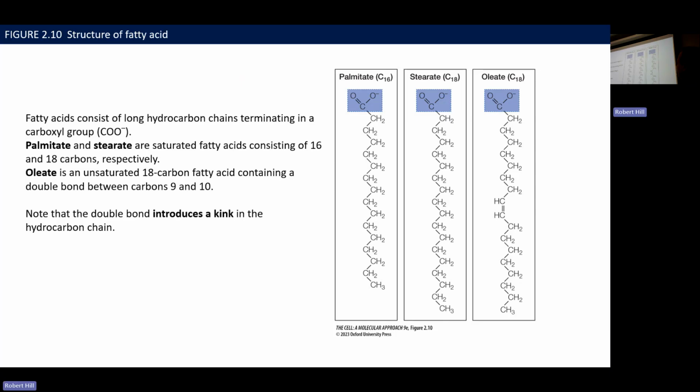So the formation of a double bond actually produces an outward kink in the molecule. And the change in that structure actually allows it to interact differently with other lipids. Saturated fatty acid chains, because they lack that kink, can snug and fit a lot more closely together.